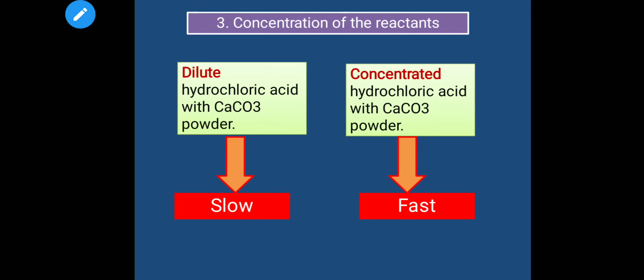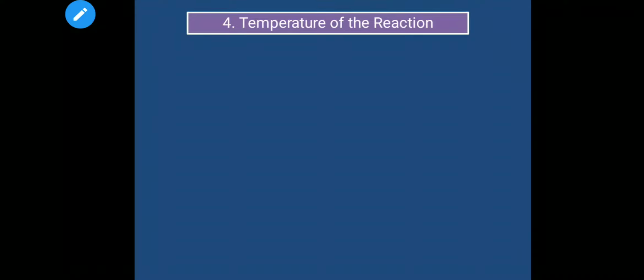Next one, temperature of the reaction. Temperature of the reaction also influences the rate of the reaction. In an earlier video we already saw one example, that is setting milk into curd.